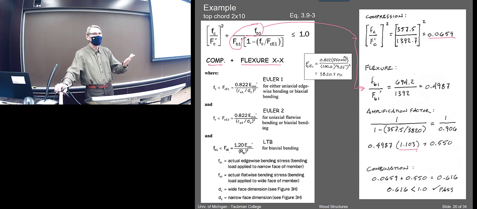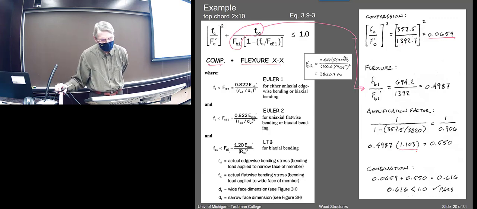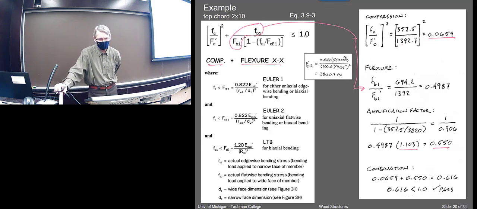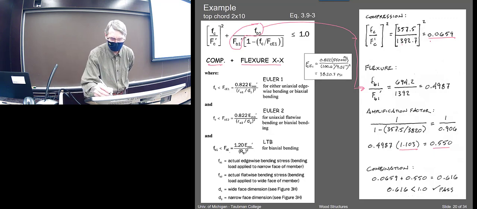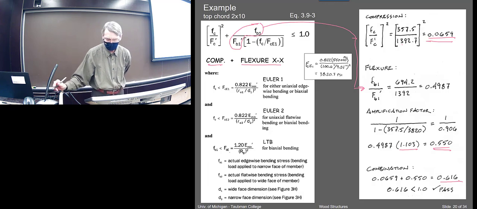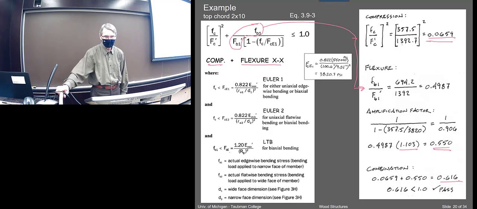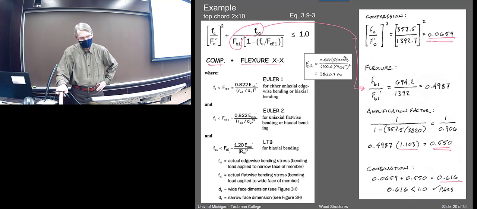It shouldn't be less than 1. It shouldn't be decreasing it. It should be amplifying it. So 1.1 is amplifying it by about 10%, right? So that brings us up to 0.55. Okay, you sum those then, this one up here and this one down here, and we get 0.6. Okay. Easily passes, no problem. So that takes care of that one then.